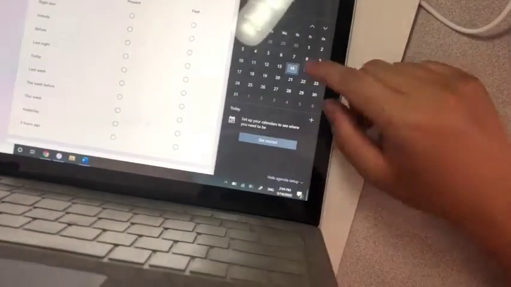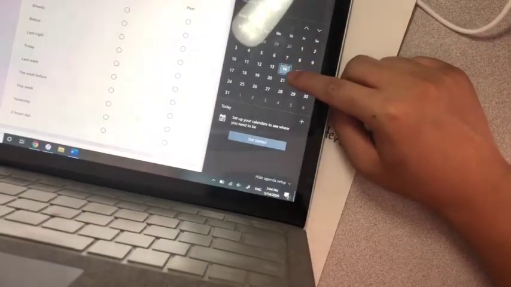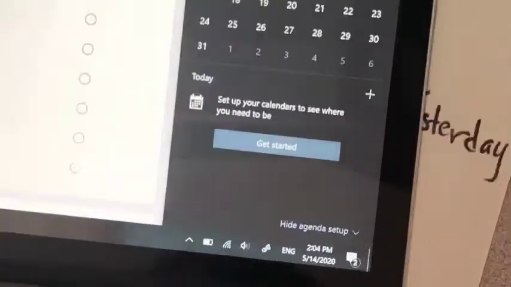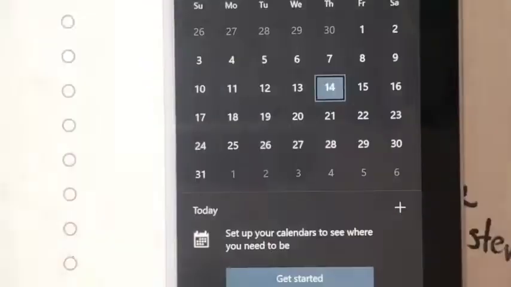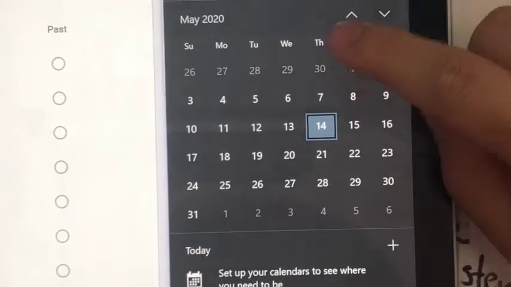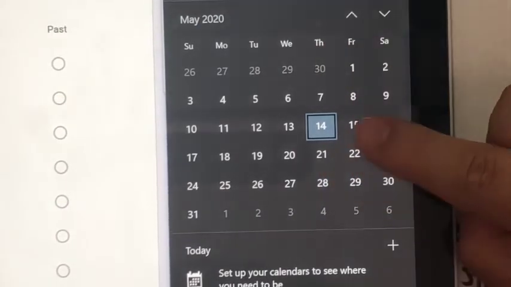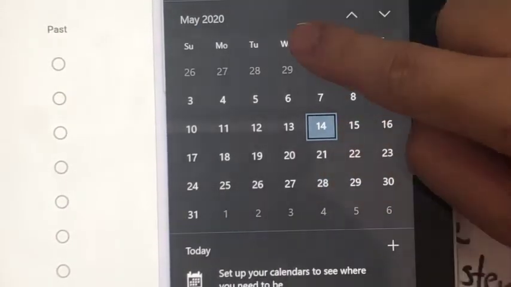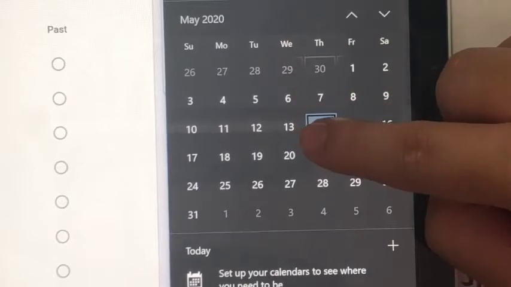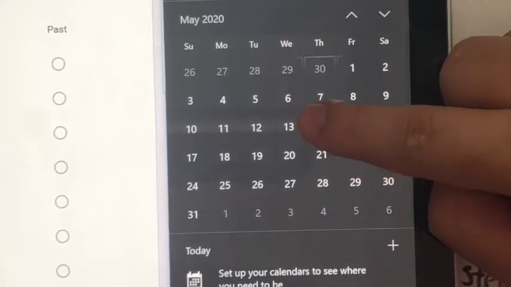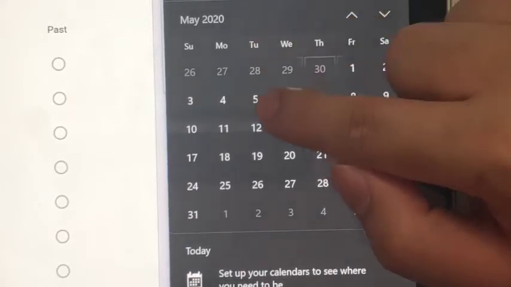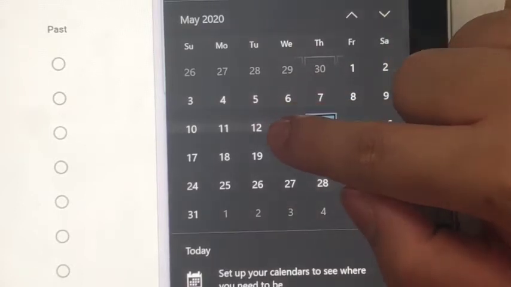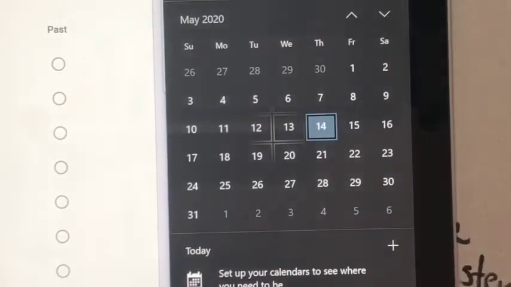So today is the 14th. Today is Thursday, the 14th. Yesterday was Wednesday, the 13th. The day before yesterday is Tuesday, the 12th. That's the day before yesterday.